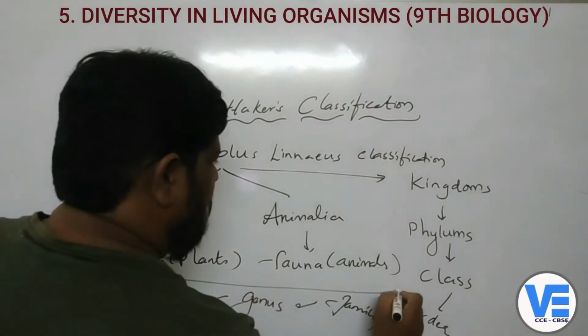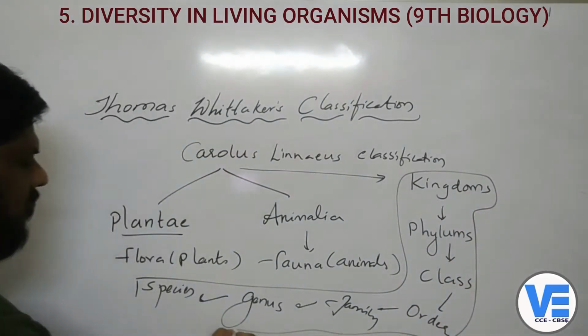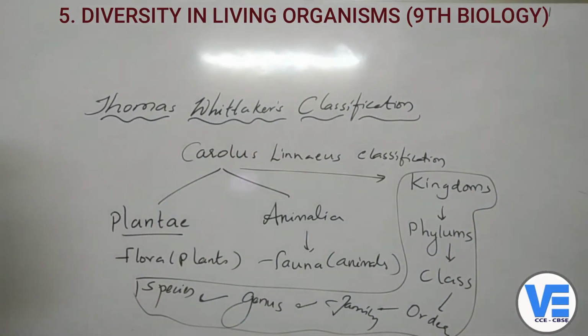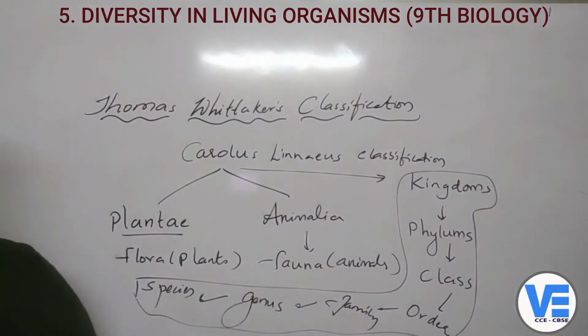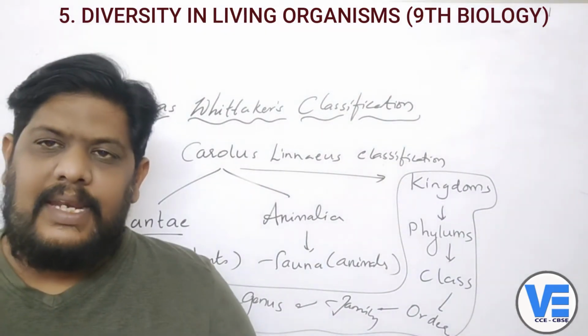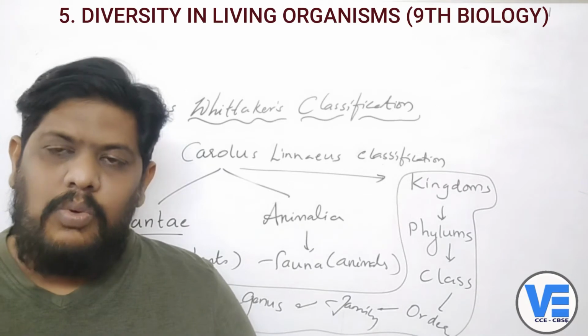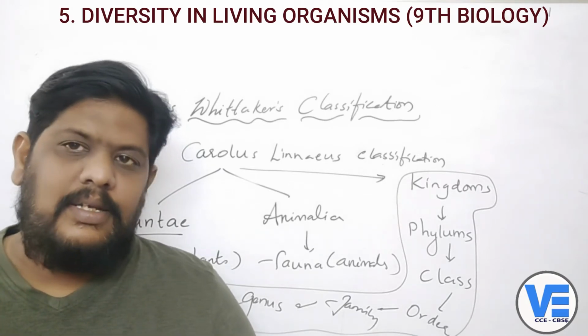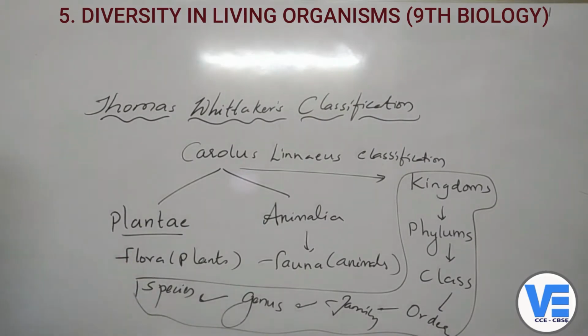So these are the words which we use in classification, and all these words were coined by whom? Coined by Carolus Linnaeus, right? Already yesterday we saw the example of the lion, and also how it is divided, isn't it? So today we are going to see the classification of another scientist, another biologist.